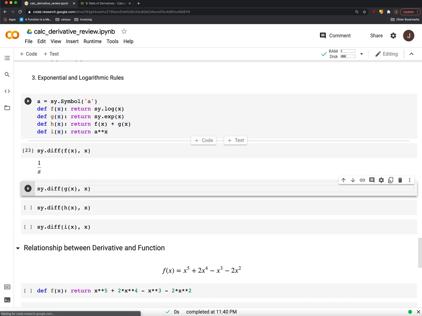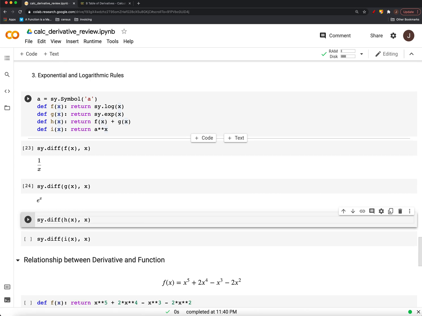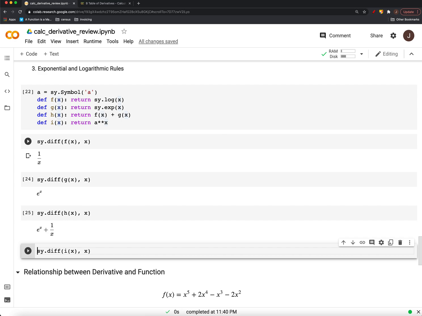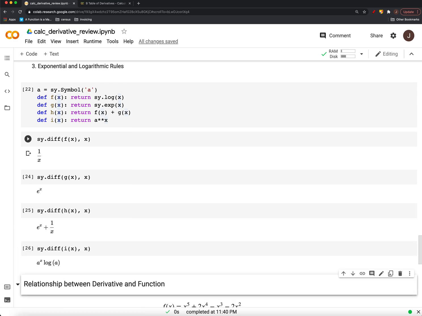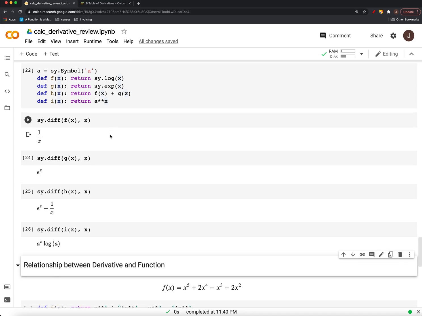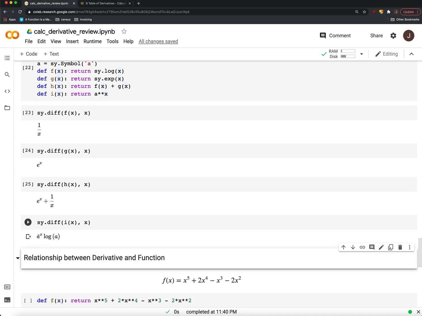The derivative of the natural logarithm of x is 1 over x. The derivative of e to the x is just e to the x. The derivative of the logarithm plus e to the x is just the sum of them again. And more generally, for any base to some power, its derivative will be that same base to that power times the logarithm of a.